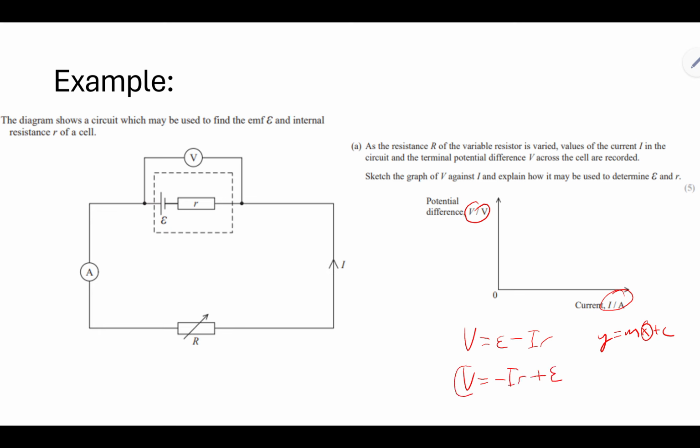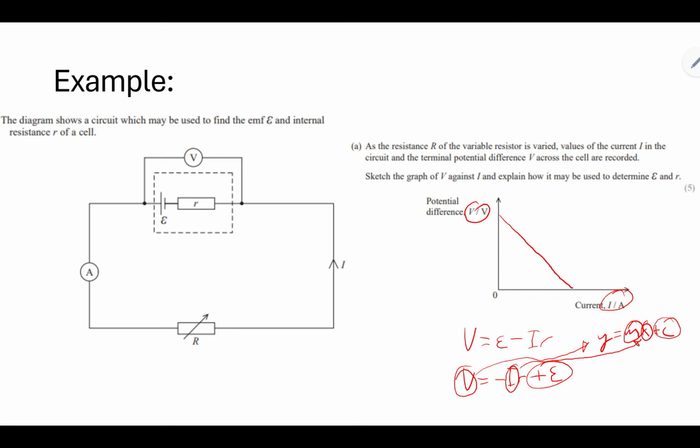So we can see that V matches with the positioning of y, I matches with the positioning of x, and so that means that m, which is the gradient, will equal negative R, and c will equal E. So we could draw a line that has a gradient of negative R, and as it's negative, it goes down in a straight line, like that.